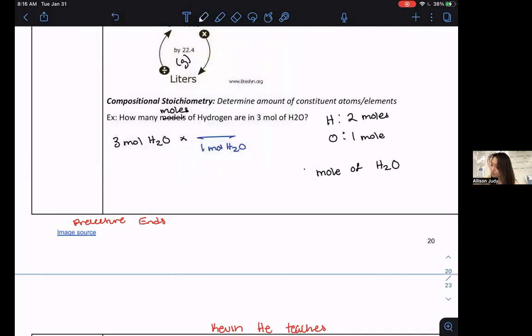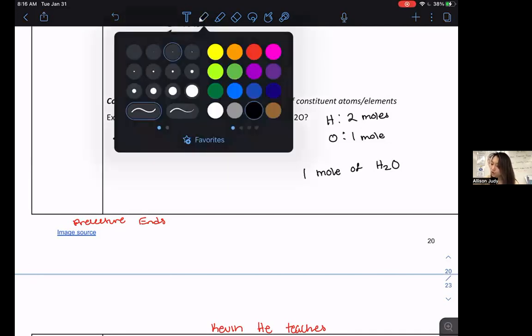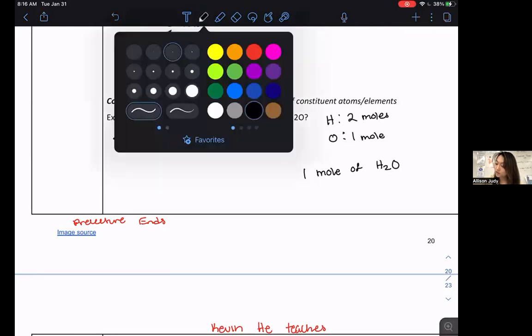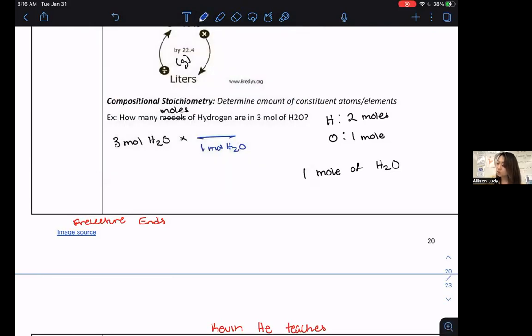I have a ratio of 1 to 1. So for every 1 mole of water, I'm going to have in my constituent elements 1 mole of oxygen.